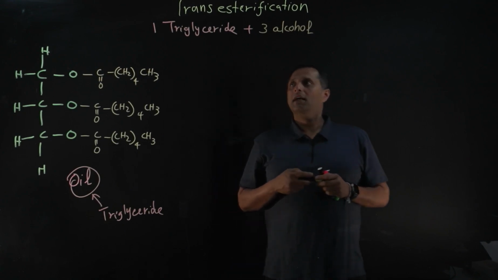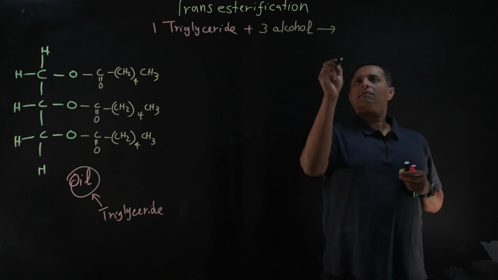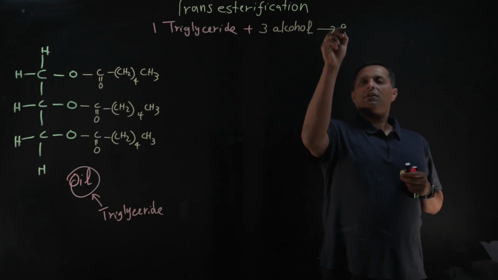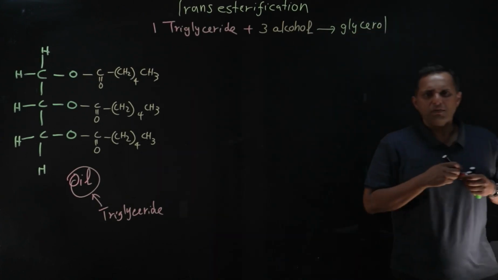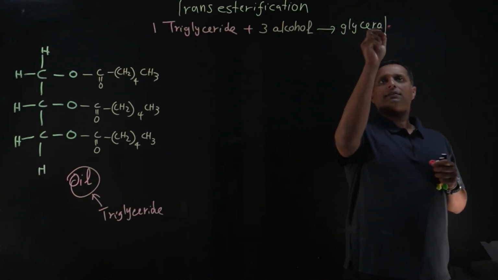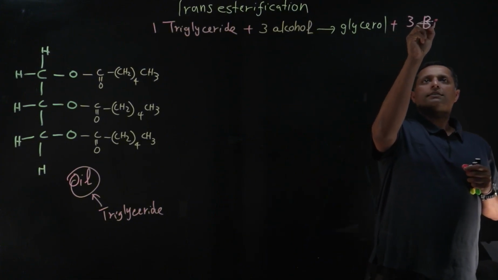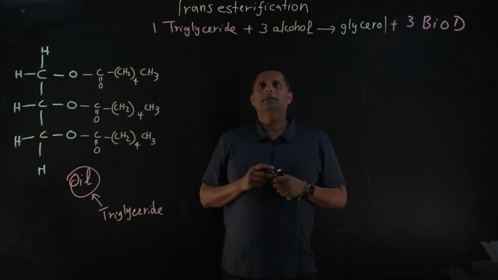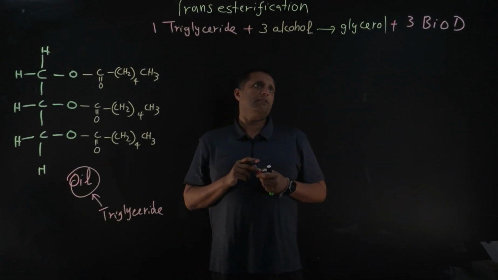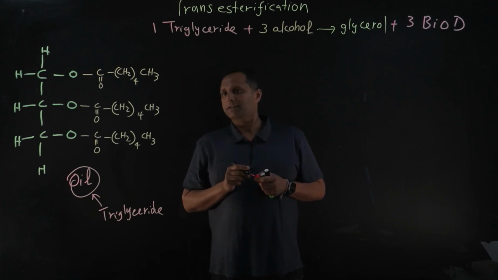What are you going to make? You are going to make glycerol, sorry about that, glycerol plus 3 molecules of biodiesel. Alright. So 1 triglyceride plus 3 molecules of alcohol. You are going to make 1 glycerol and 3 molecules of biodiesel. This is what's called transesterification.